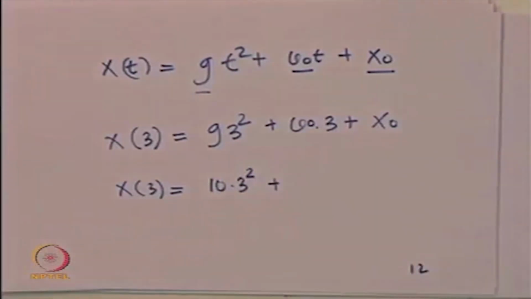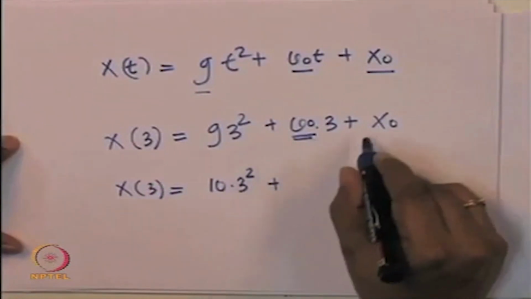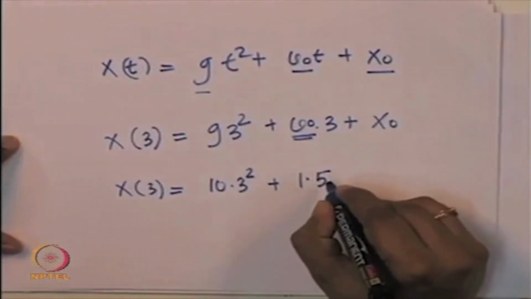I am dropping it at 0 velocity. At the beginning there is no velocity at all. So v 0 is 0. So this is 0 into 3 is 0 plus x 0, the initial position, which is 1.5 meters.